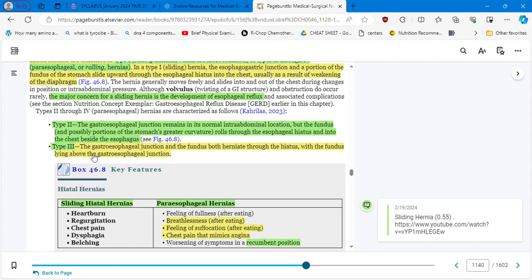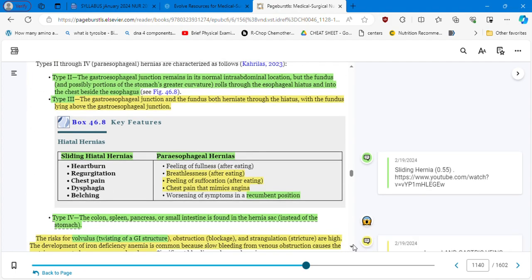Okay, type 3, both the gastroesophageal junction and the fundus herniate through the hiatus, with the fundus lying above the gastroesophageal junction, right? And then we have type 4. This is serious. The colon, spleen, and pancreas, or small intestine, is found in the hernia sac instead of the stomach. Okay, this is tragic.